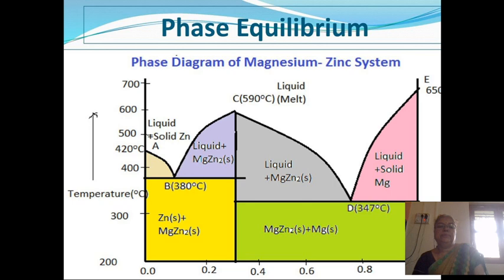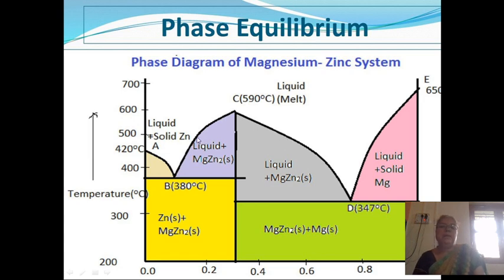Okay, then see this curve. This is the solubility curve of magnesium and zinc alloy, and along this curve solubility increases and along this curve solubility decreases.